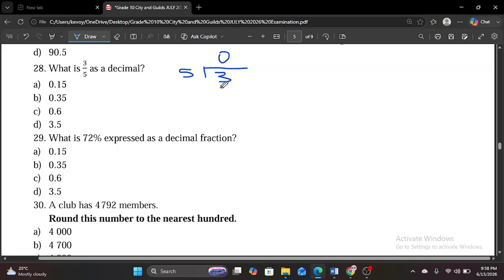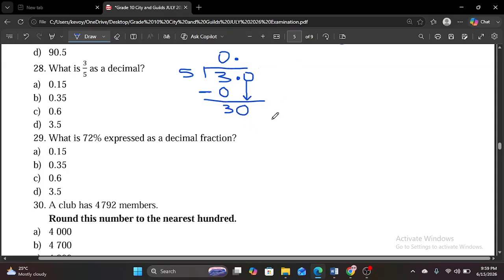So 0 times 5, that's going to be 0. After you multiply, you subtract. So 3 minus 0, you're going to be left with 3. And after we subtract, we bring down. There's nothing to bring down, so you put a decimal point. You add the 0, but remember to put a decimal point where your answer is. So you're going to bring down that 0 because after you subtract, you have to bring down. So that's going to be 30.